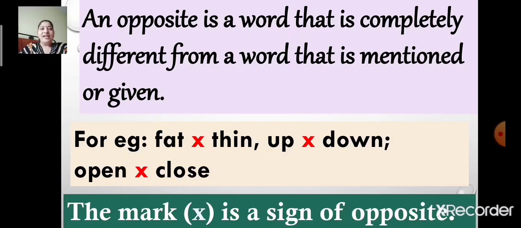For example, fat, thin, up, down, open, close. The mark cross is a sign of opposite. Understood?